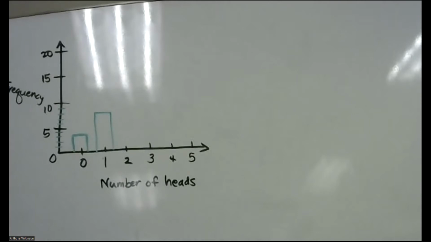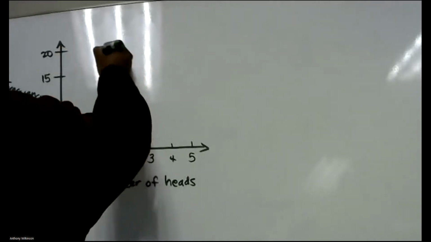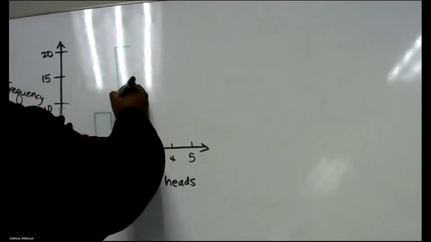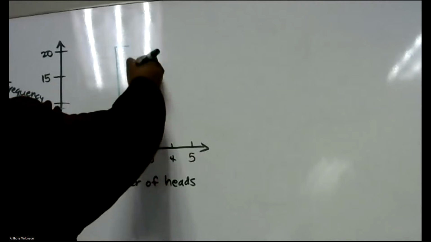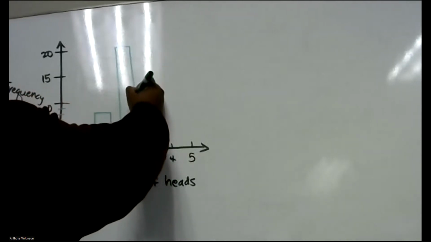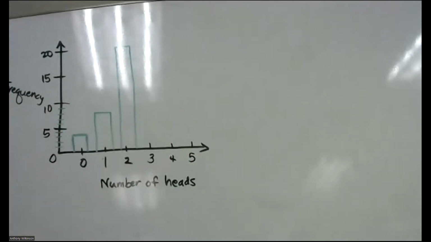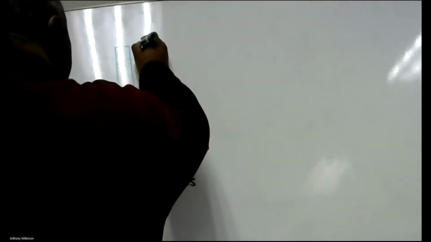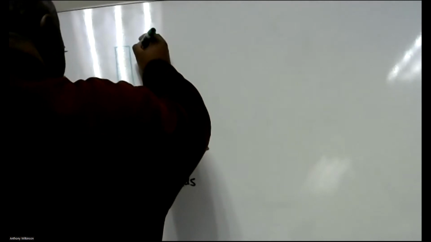And then for 2 heads, there were 20. So 20 is way up here. I'm going to try to draw the bar at the height of 20. And then for 3 heads, that frequency was 20 as well. So we'll draw another bar at the height of 20.